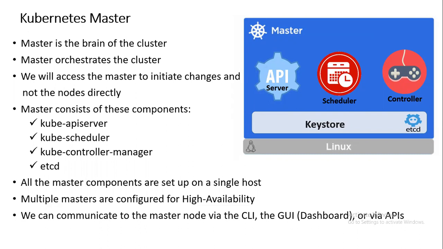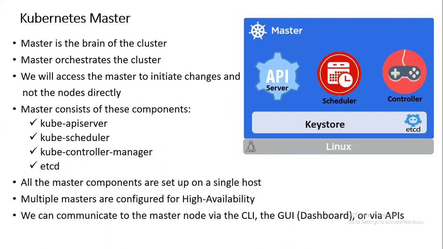Now, what happens whenever a user is trying to communicate with the master or the control plane? We will be using some commands or UI, but that will communicate through the API server. So the API server is a component of your master which helps us to communicate with the user.